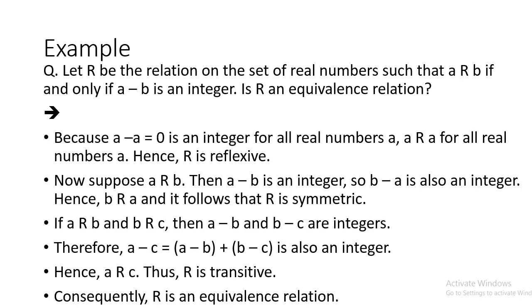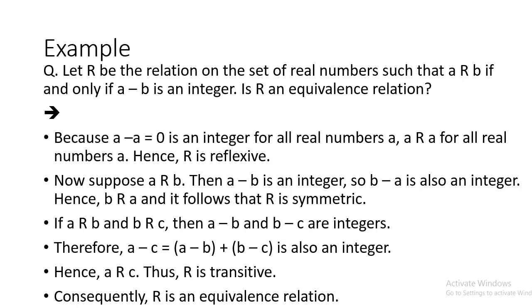In the question itself it is given that a R b if and only if a minus b is an integer. Because a minus a is equal to 0, which is an integer, for all the real numbers a, a is related to a for all the real numbers a. That's why R is a reflexive relation.